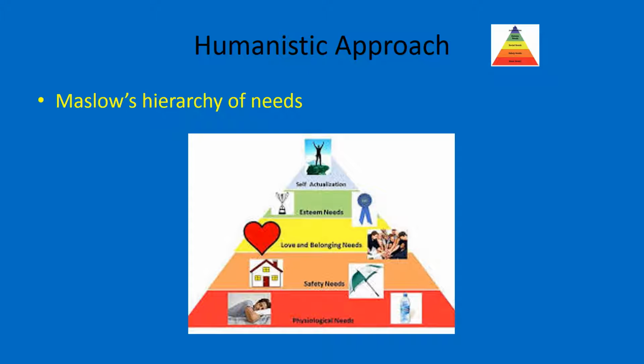So in order to get to self-actualization, what do we need to do according to the theory? We need to have our physiological needs met. Physiological needs are things like sleep, food, drink, those things that actually help to keep us alive. Can't self-actualize if you're not alive. Once we've had our physiological needs met, we've got enough food and drink to keep us going, and somewhere to sleep, then our safety needs need to be met.